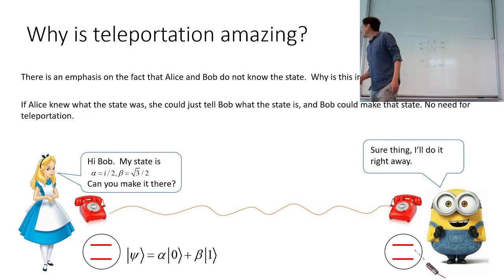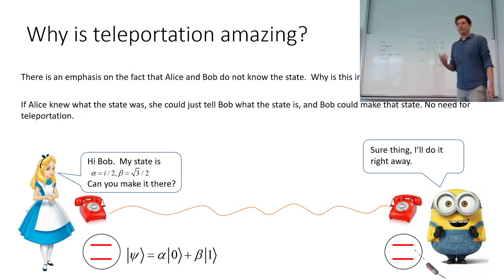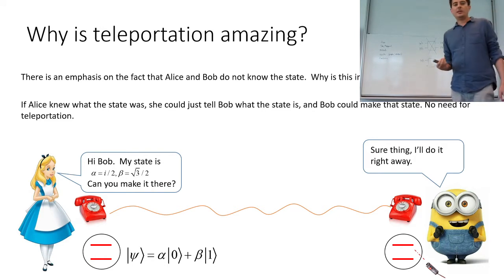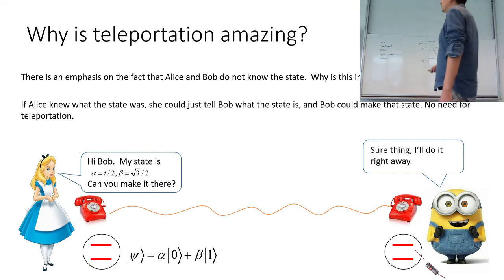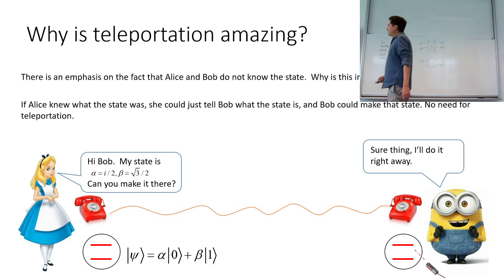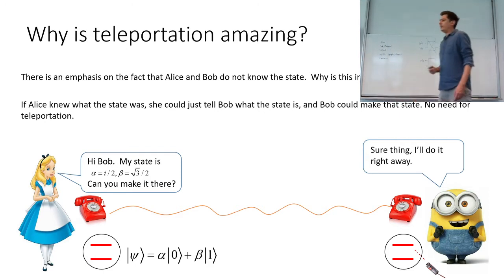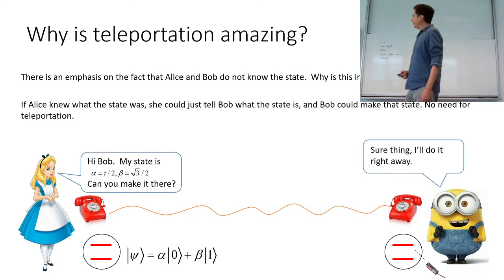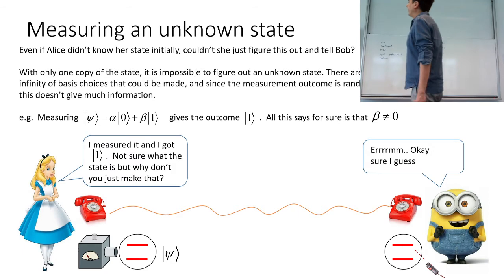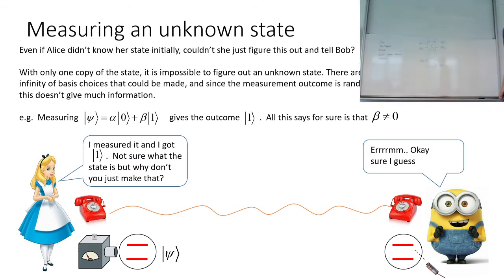So basically, not knowing the state is an important part of this, because if you knew it, then you could just go and prepare it. So the fact that you can do it without knowing it is the interesting thing. Okay, fine.